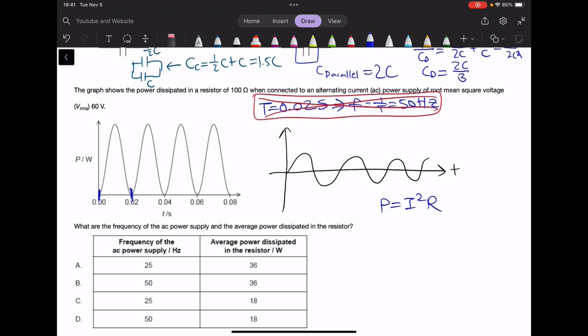So when I graph power versus time, I will square current. So everything will be positive, and the value of I squared is scaled by a factor of R. So the graph looks something like this, where everything becomes positive because we are taking the square of current.